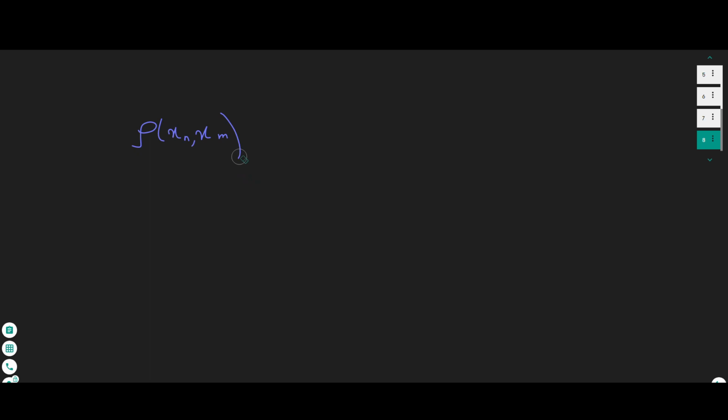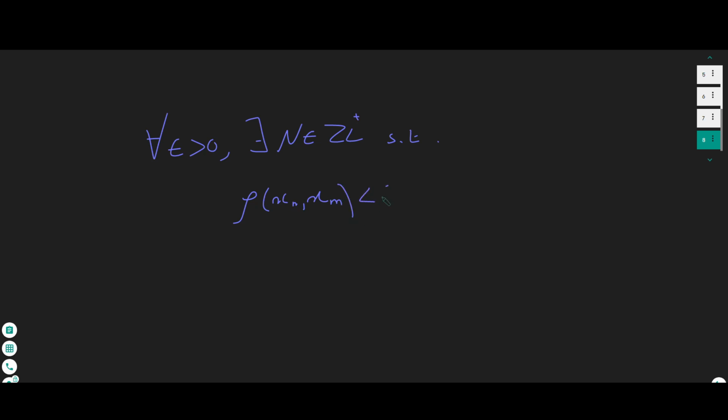Makes sense. It means that for all epsilon greater than 0, there exists a positive integer such that the metric between these 2 points is less than epsilon, where n and m are greater than that integer.